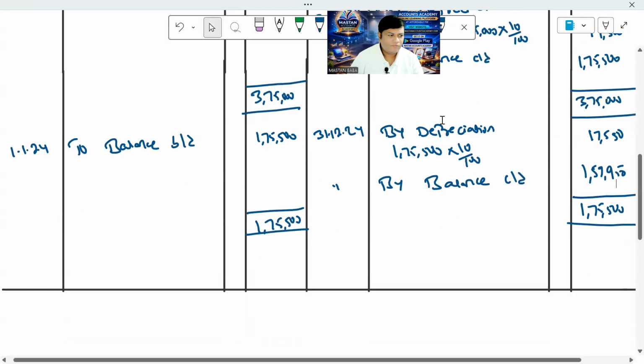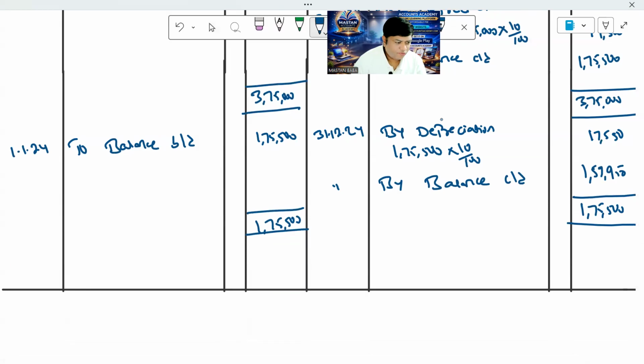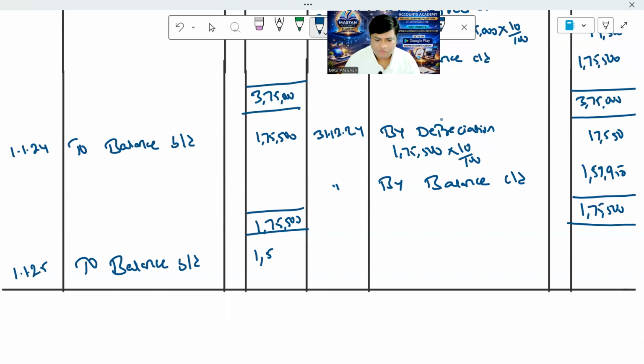Just to show it here, 1/1/2025, to balance brought down 1,57,950. That's it.